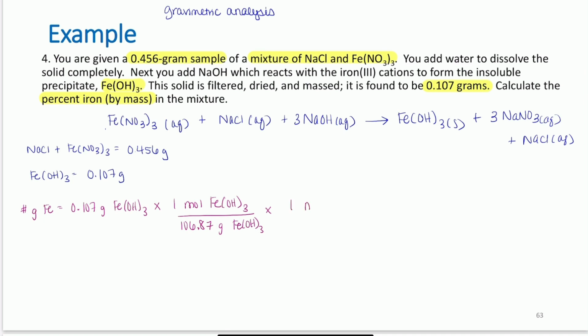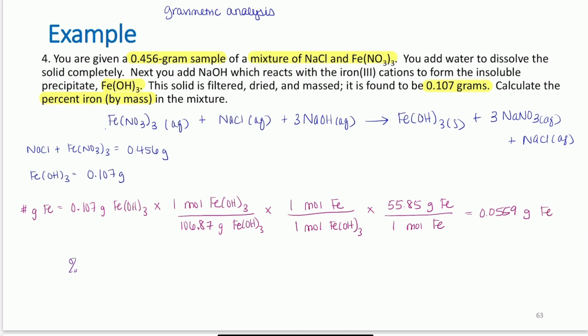I know there's 1 mole of iron for every 1 mole of iron 3 hydroxide. Now I can easily convert over to grams of iron. I've got 55.85 grams of iron to every 1 mole of iron. This gives me 0.0559 grams of iron.